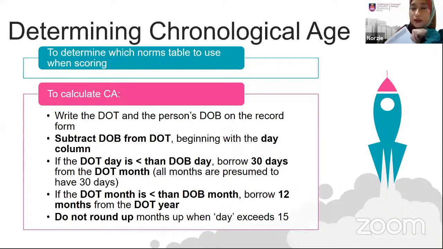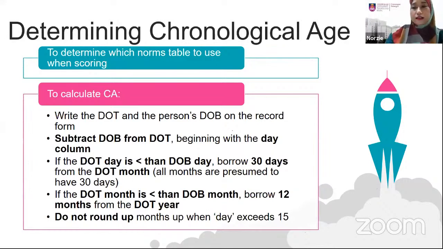The first thing you need to do before administering this assessment test is to determine your client's chronological age. Why? Because we want to compare with the norms provided in the manual.